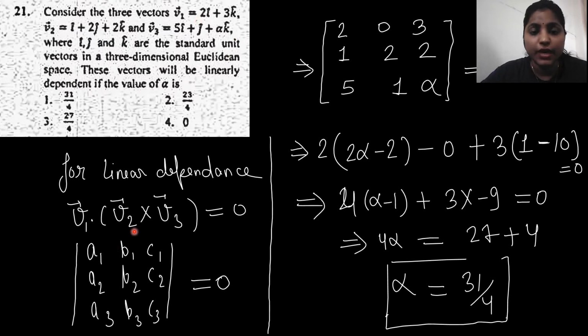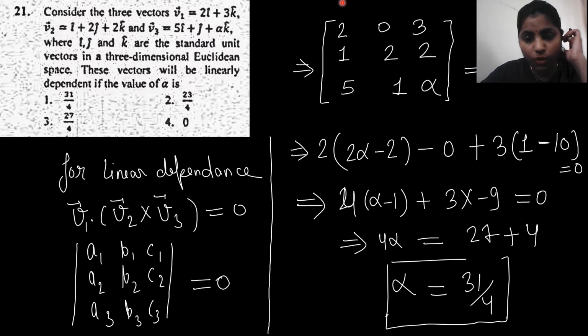So we'll find out the values of A1, B1, C1, A2, B2, C2, A3, B3, C3 from these vectors V1, V2, and V3, and we'll make a matrix, and then we will calculate this equation for the value of alpha.